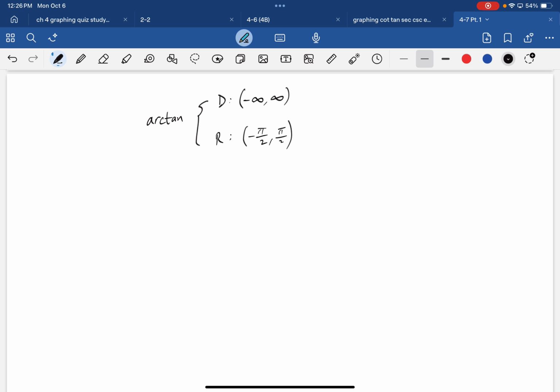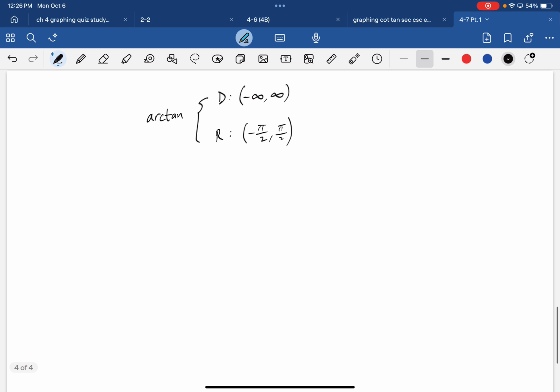And why is that? That's because tangent of pi/2 is undefined, right? And so there is no arctangent function that will give you pi over 2 or negative pi over 2. Okay, so we use open parentheses to denote the range for the arctangent function.